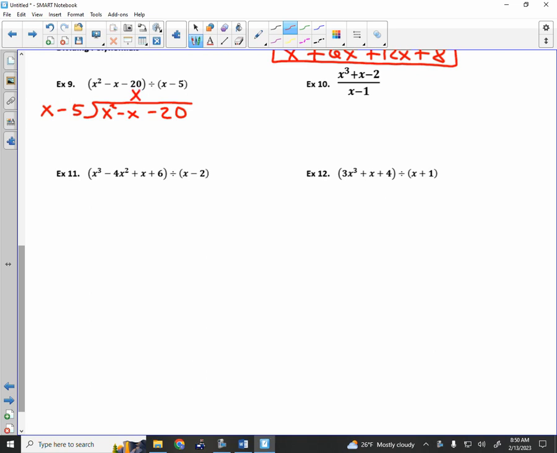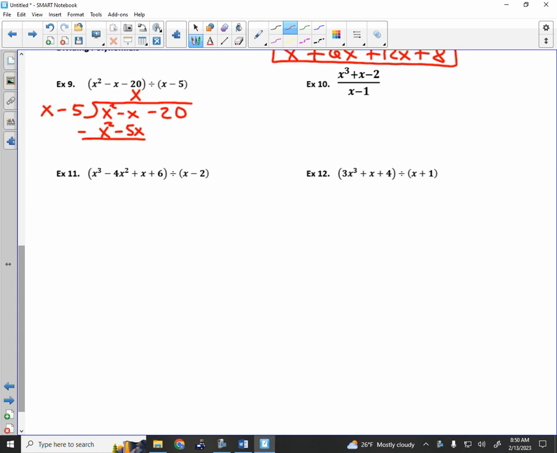Do you remember what you do after that? You take the x and you multiply it back through. So x times x is x squared, and x times negative 5 is negative 5x. And we subtract.